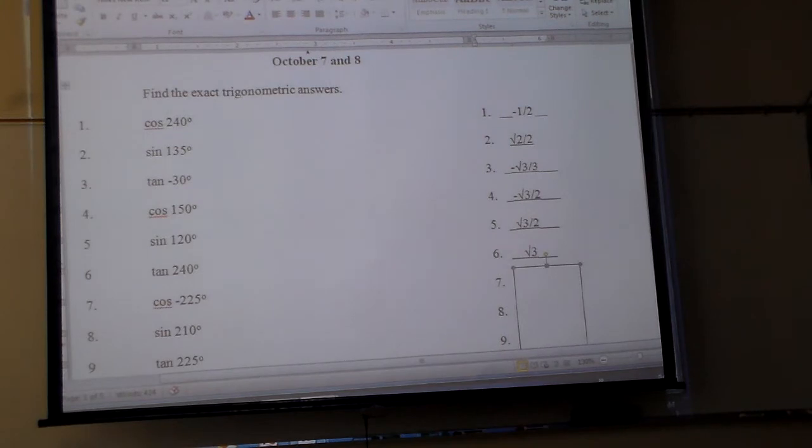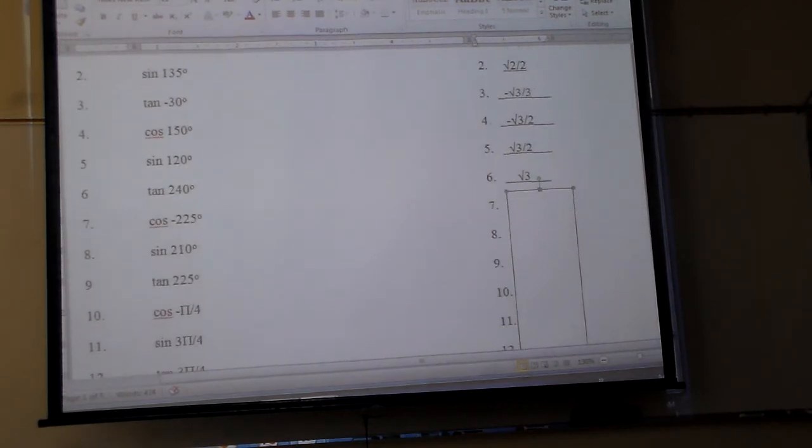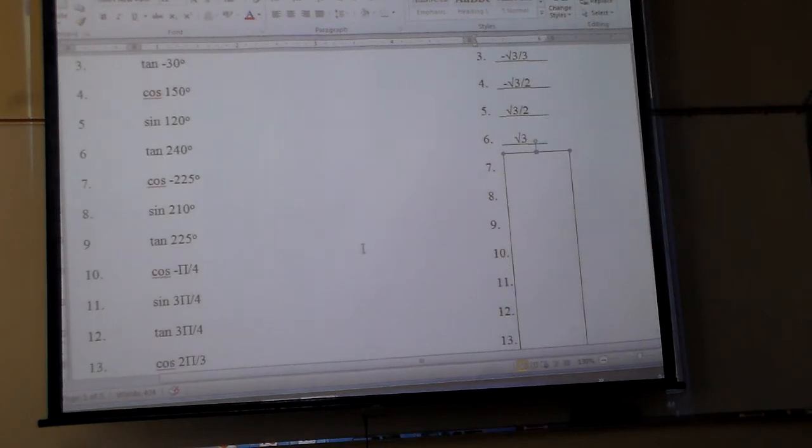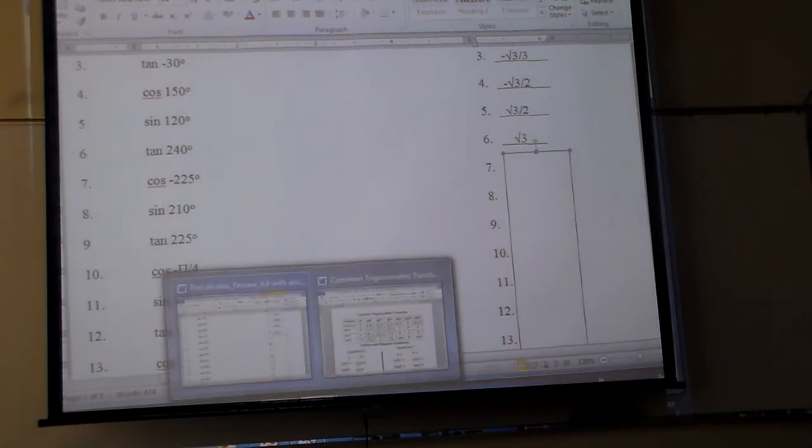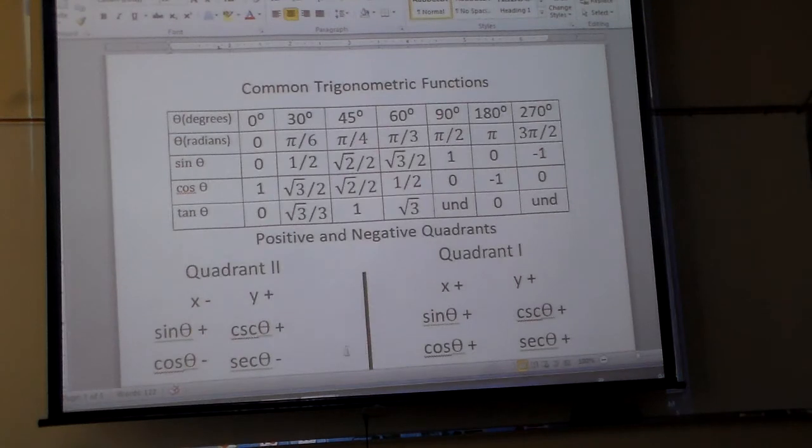Now we have cosine of negative 225. First off, ignore the negative for a second. Is 225 closer to 180 or 360? 180. How far is 225 from 180? 45. So I'm looking at an alpha angle of 45. Cosine of 45 is square root of 2 over 2.